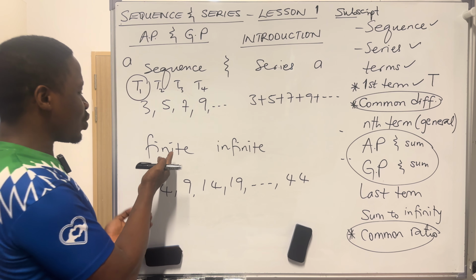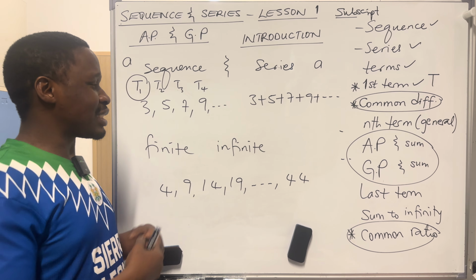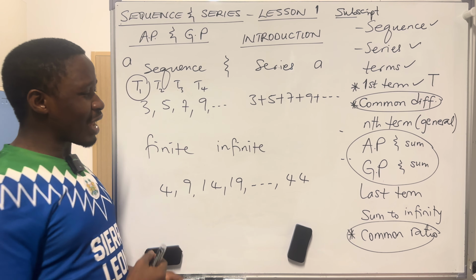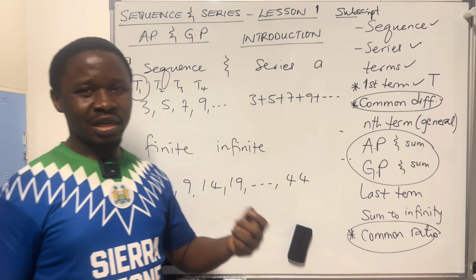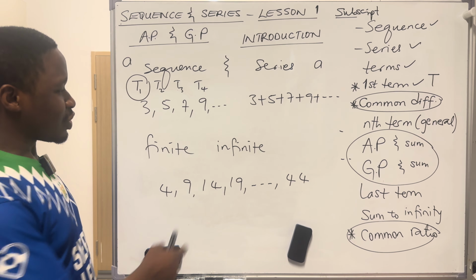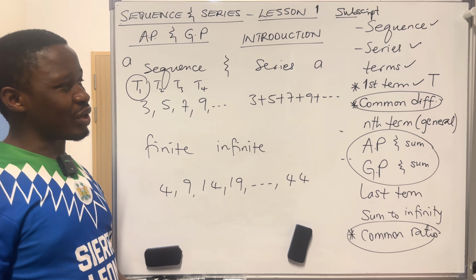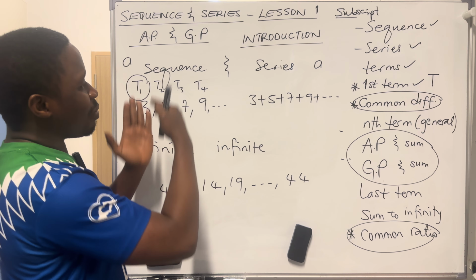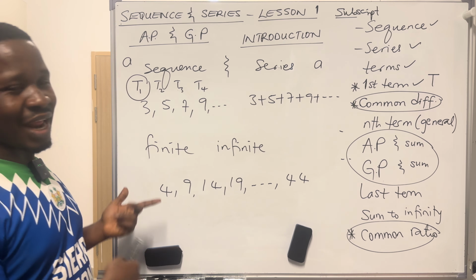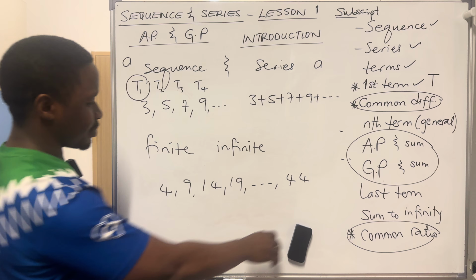Sometimes we define a finite sequence as one where the last term is known, given, or understood. Once the last term is not given, it is an infinite sequence. The same thing applies to series. If the last term is given, it's a finite series. Otherwise, it's an infinite series.